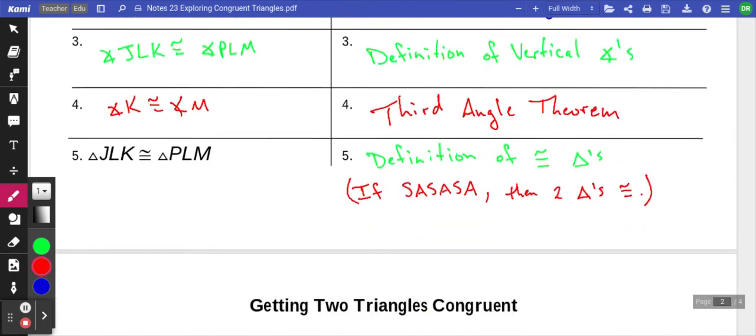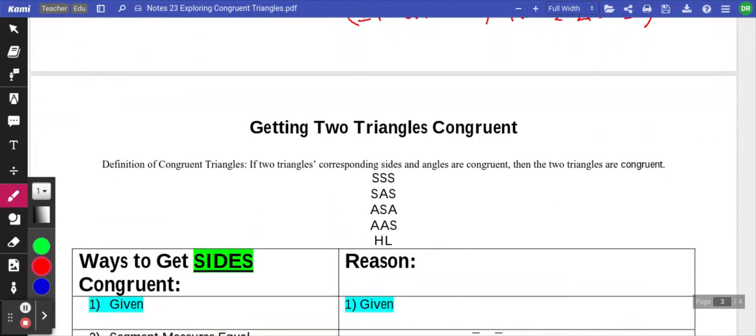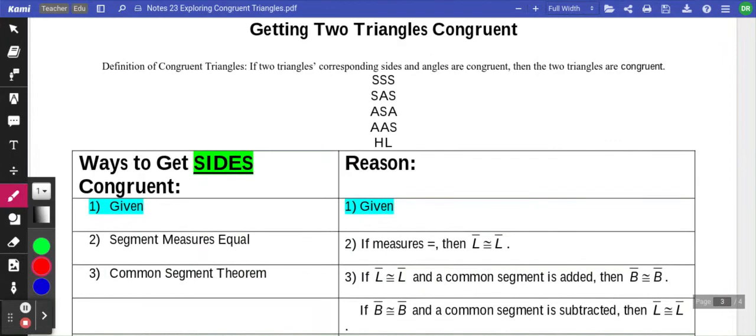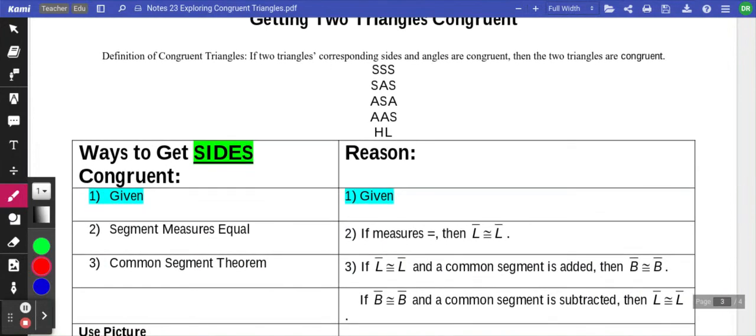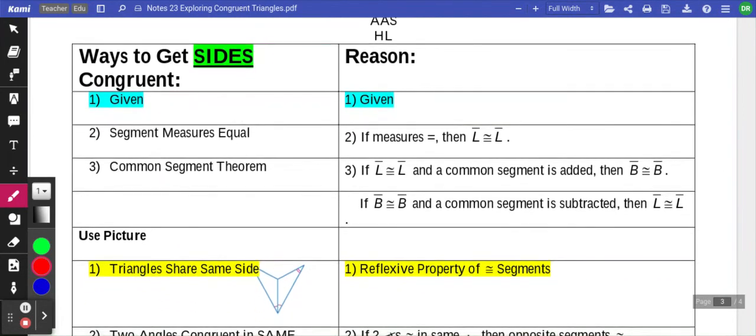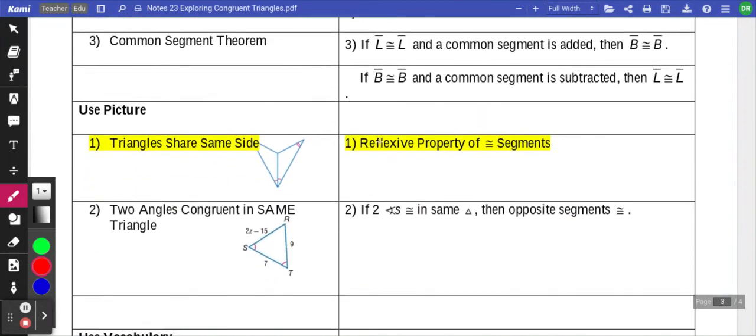I did attach a reference sheet here that we don't need everything that's in it right now. We actually don't understand what all of it is yet. But I did highlight some things. If you are working with sides, working with segments, some things that you want to pay attention to is what information has been given to you. Bringing back something we haven't used, but we have talked about.